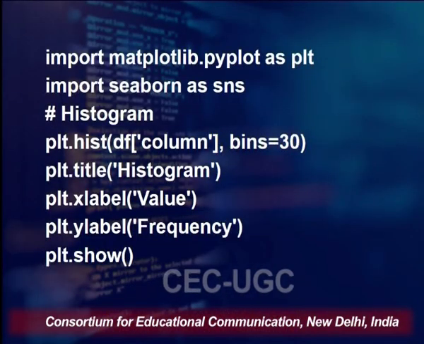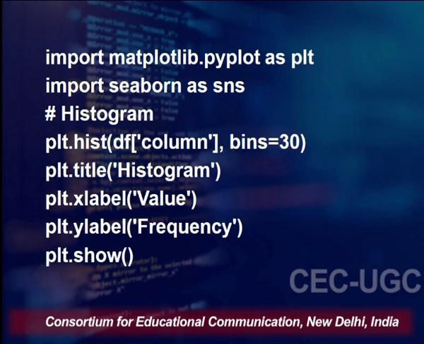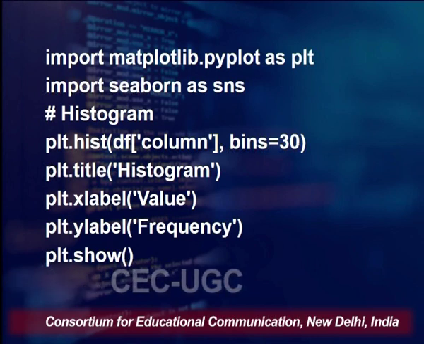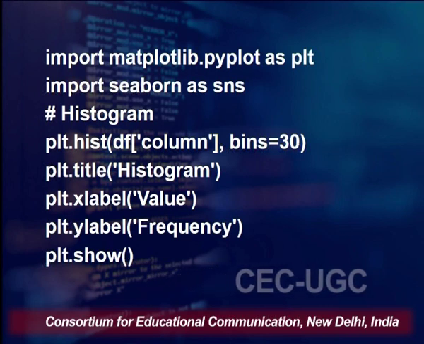Again, in Python we have a library called matplotlib. This is a visualization library, and we can import objects from it to plot the different kinds of diagrams or representations, whether it is a histogram or the others.